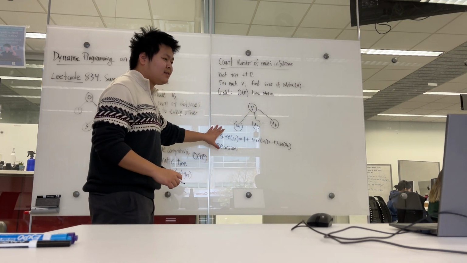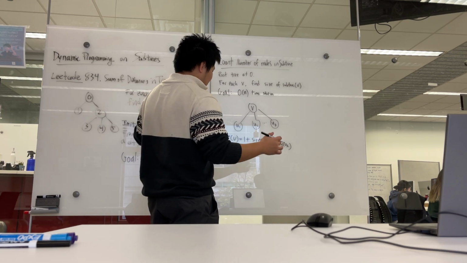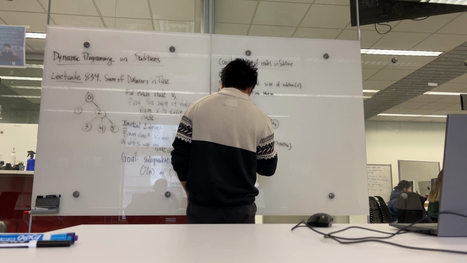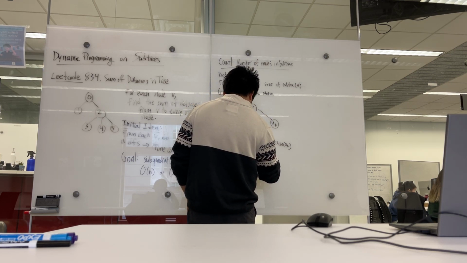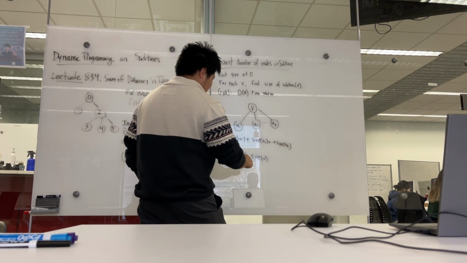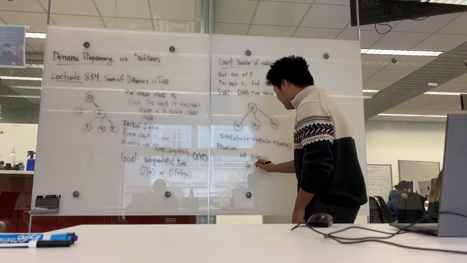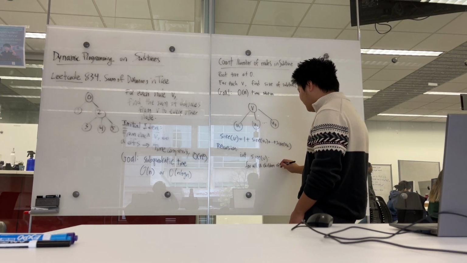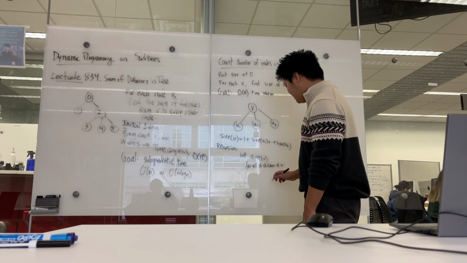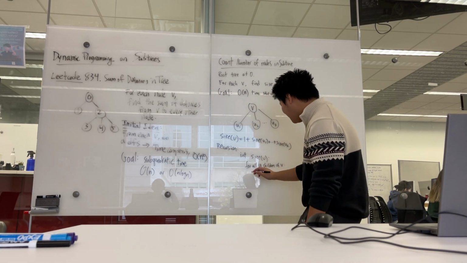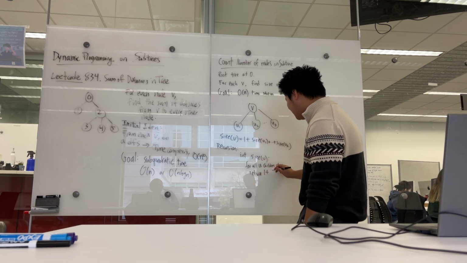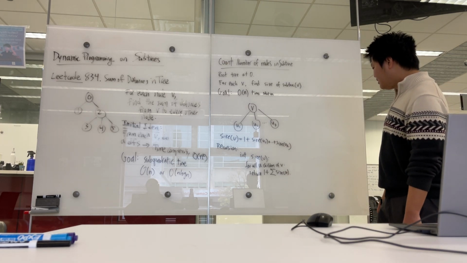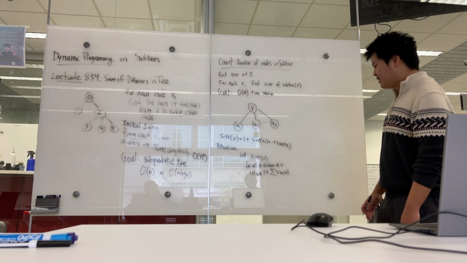Recursively, I can write down a function to compute size of V, where for all U children of V, I'll just say return 1 plus the sum of size U. All right, so that gives us a simple way to do this.